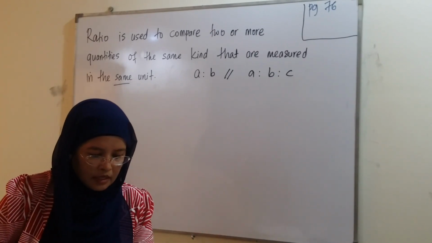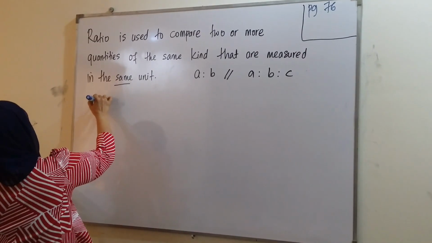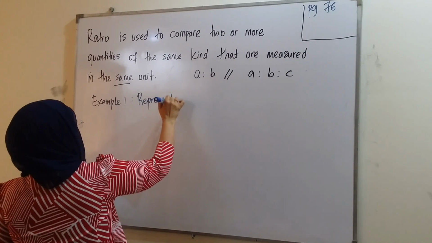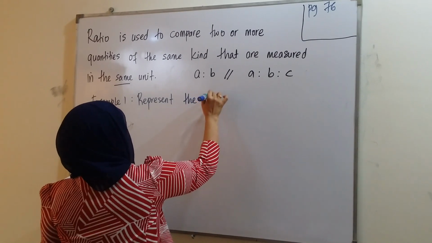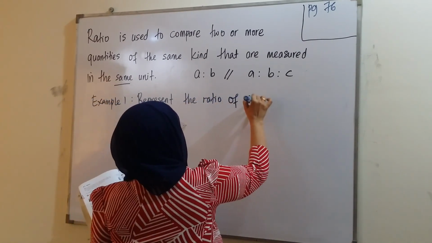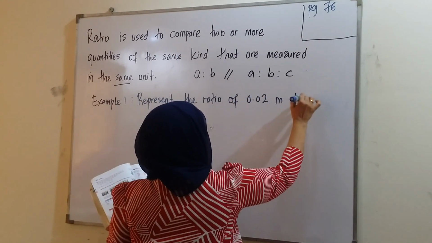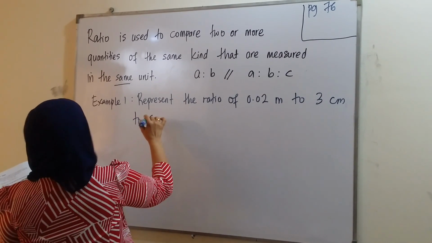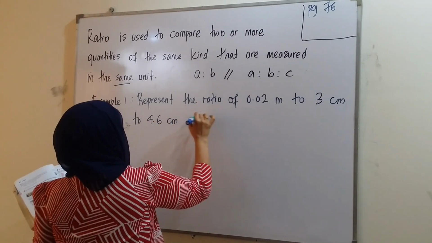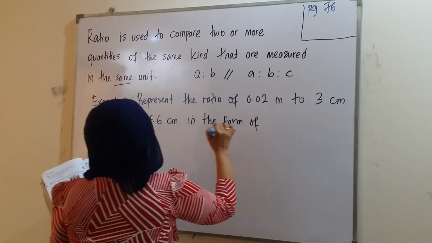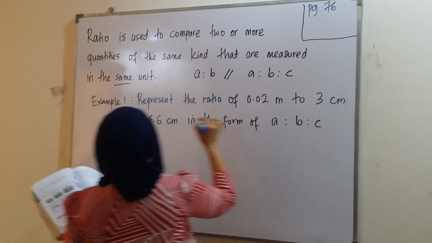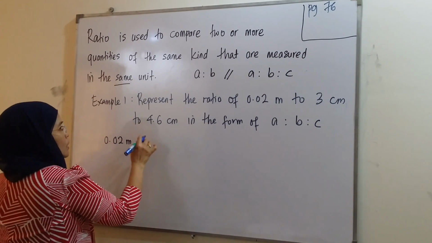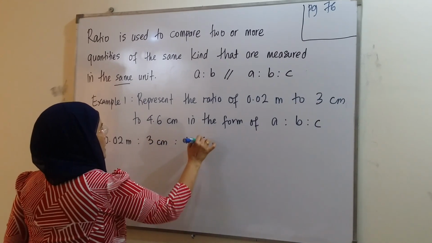Represent the ratio of 0.02 meter to 3 cm to 4.6 cm in the form of A ratio B ratio C. First, we copy what is given here: 0.02 meter ratio 3 cm ratio 4.6 cm.